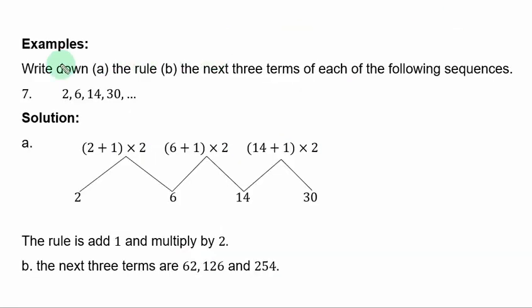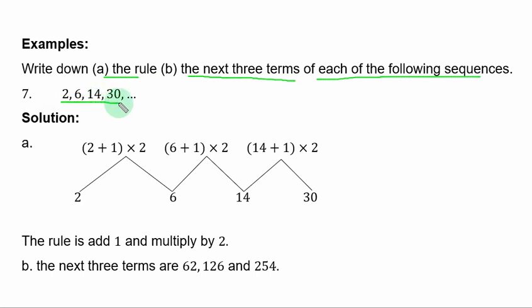Examples, you have the instruction, write down A, the rule, B, the next 3 terms of each of the following sequences. Number 7, you have 2, 6, 14, 30, and so on.